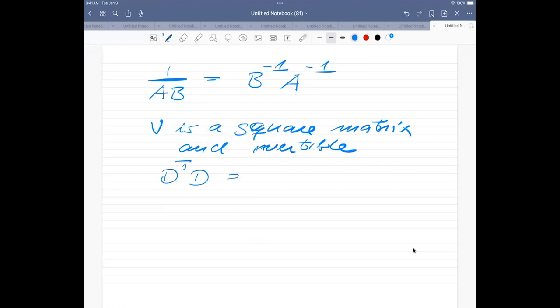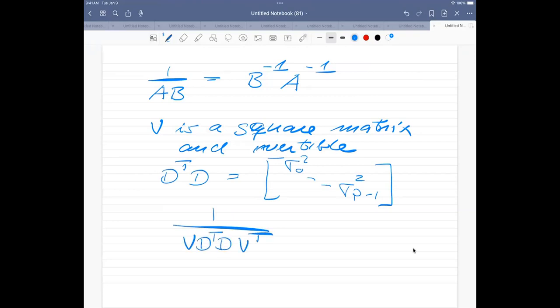So this is simply these values sigma 0 squared up to sigma p minus 1 squared. So I can now write this denominator, which is V D transpose D V transpose, as a square matrix D transpose D, times V transpose, which is a new square invertible matrix, times an invertible matrix. And then I can rewrite everything.